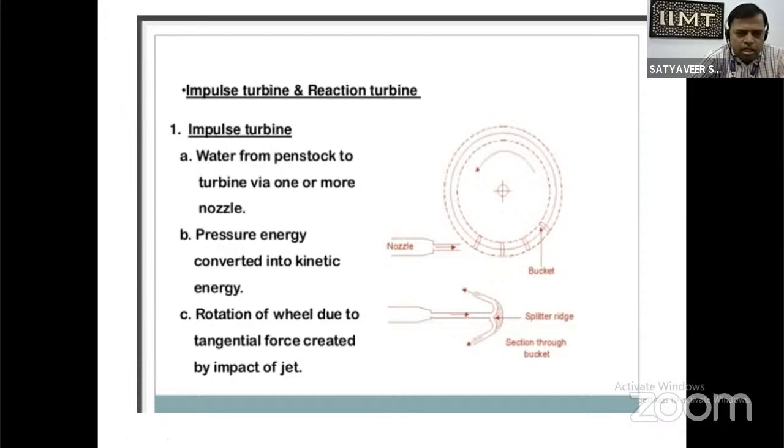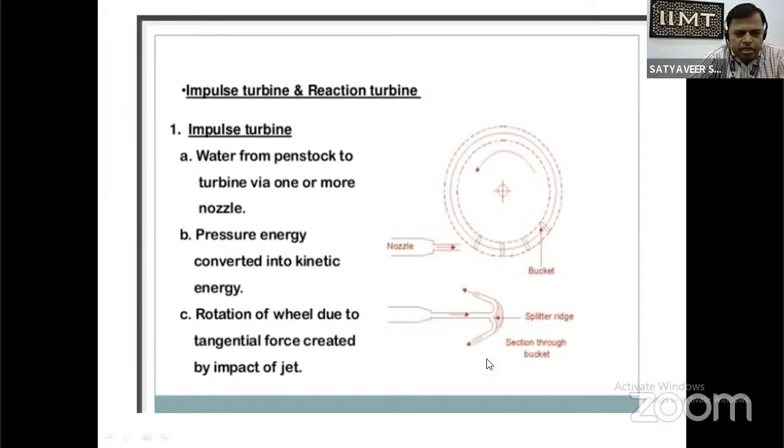When water strikes the bucket, an impulse is created on the turbine bucket, and due to this impulse, the turbine runner starts rotating, and due to the rotation of the runner, the turbine shaft also rotates, because the runner is fixed on the shaft. Next is the rotation of the wheel due to the tangential force created by the impact of the jet.